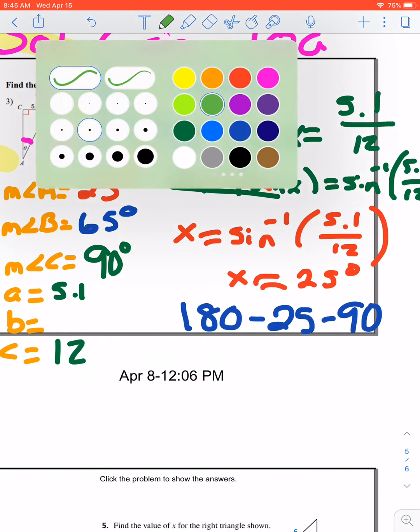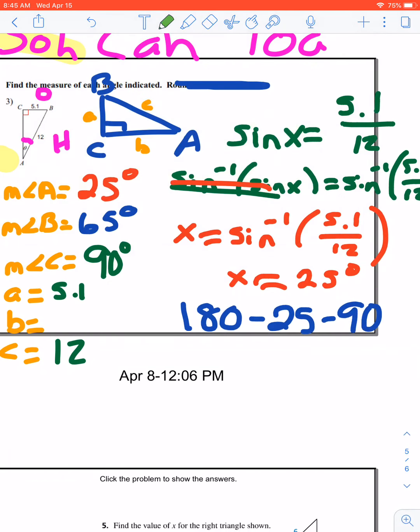Then I'm going to find side B. So how do I find side B? Well, I already know two sides of the triangle, so I'm going to plug that into the Pythagorean theorem. So I get 5.1 squared plus b squared, or x squared, it doesn't matter, equals 12 squared. So when I do that, I know that 12 squared is 144, and 5.1 squared is 26.01. So I do 144 minus 26.01, and I end up with 117.99.